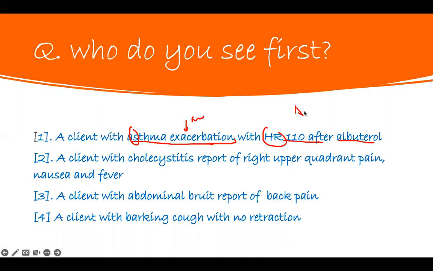Well, what is the side effect of albuterol? It acts on beta receptors, and there are beta receptors on your heart. So it binds to those beta receptors on your heart, and your heart rate goes up. You have tachycardia, right?